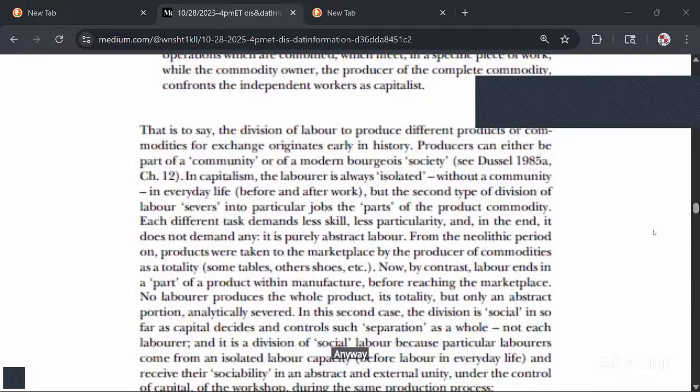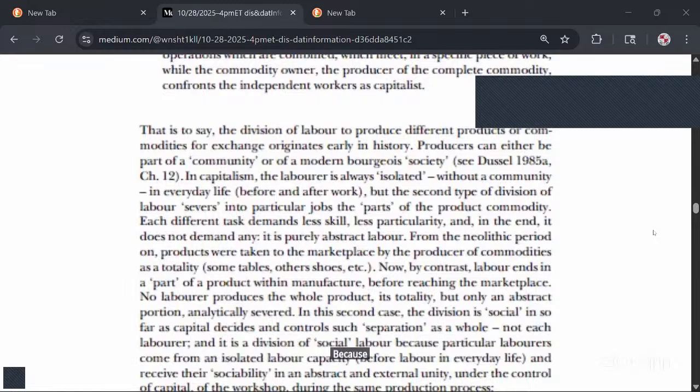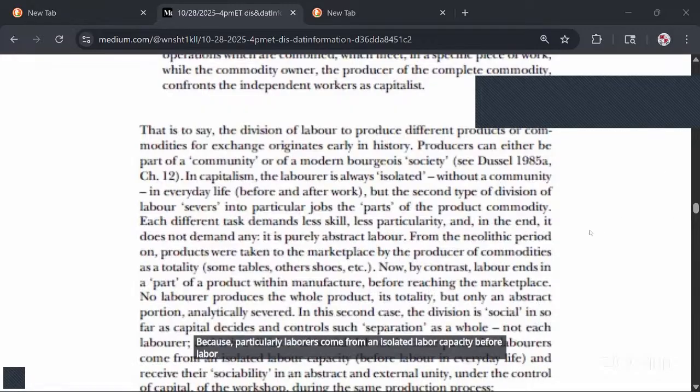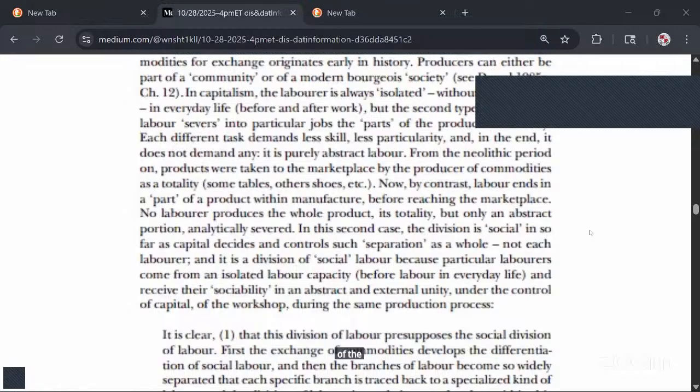Anyway, in this second case, the division is social insofar as capital decides and controls each separation as a whole, not each laborer, and it is a division of social labor because particular laborers come from an isolated labor capacity before labor in everyday life and receive their sociability in an abstract and external unity, like perhaps in social media, under the control of capital, of the workshop, during the same production process.